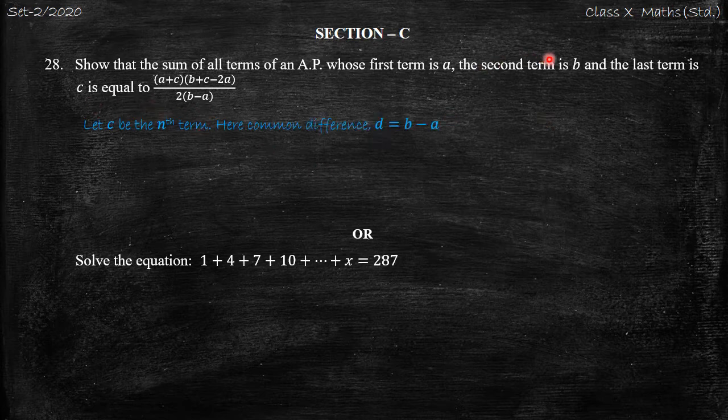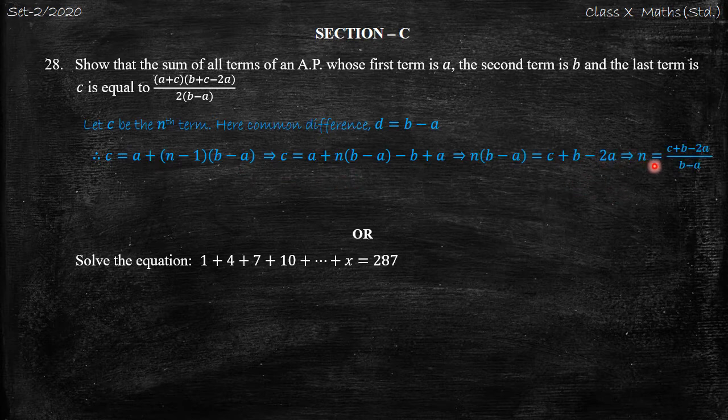And we know the common difference is B minus A. So the nth term is equal to first term plus (n minus 1) times the common difference, which you can simplify, and we can find n in terms of A, B, C.